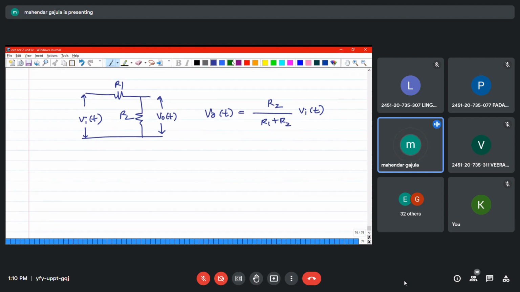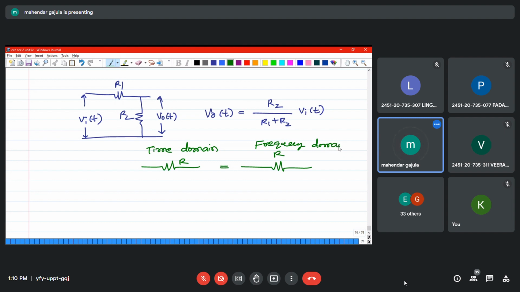So let me write, this is in time domain. In time domain, R itself is R only. Does it depend on frequency? Does a resistor depend on frequency?